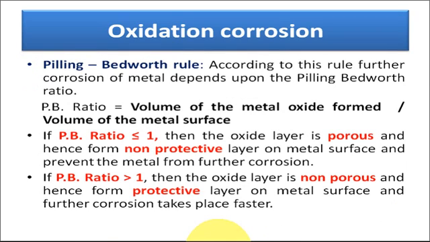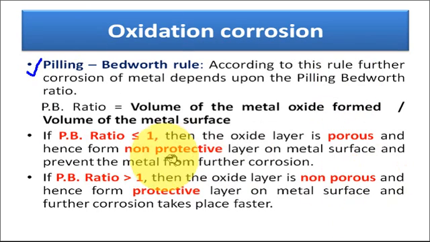Now, one thing we understand is that in oxidation corrosion, the extent of further corrosion is highly dependent on the nature of the oxide layer formed. So for the explanation of this, Pilling and Bedworth gave a rule which is known as the Pilling-Bedworth rule.